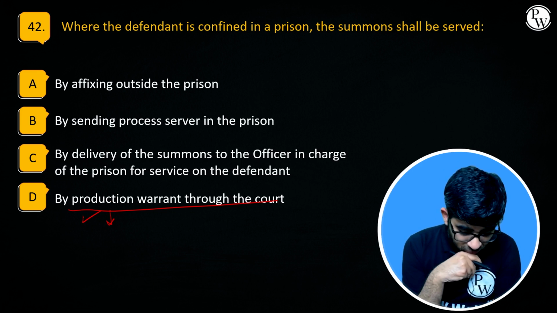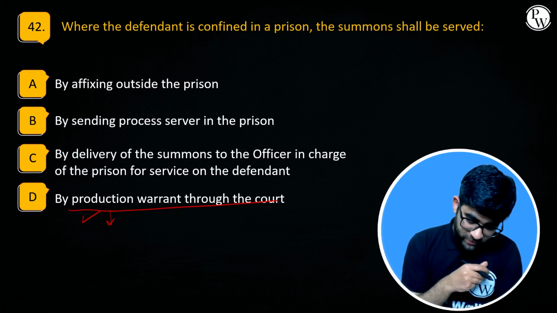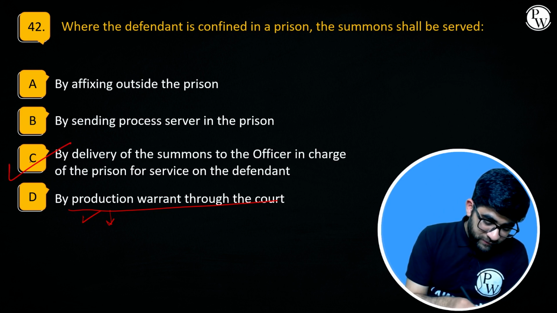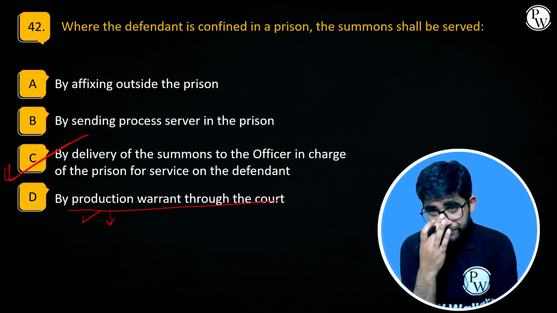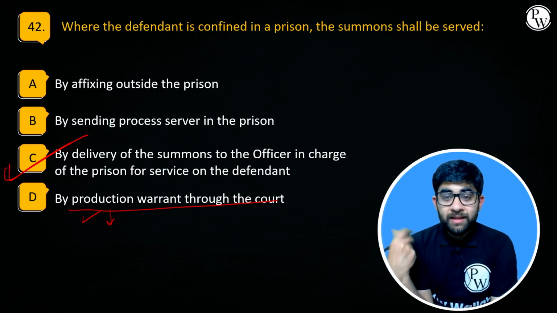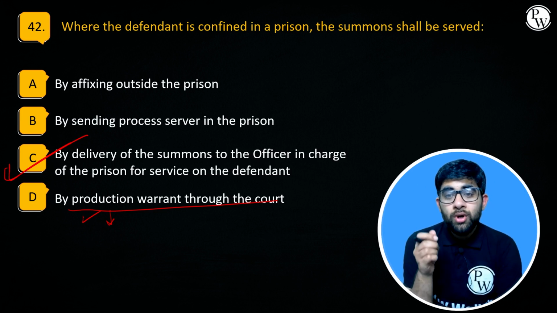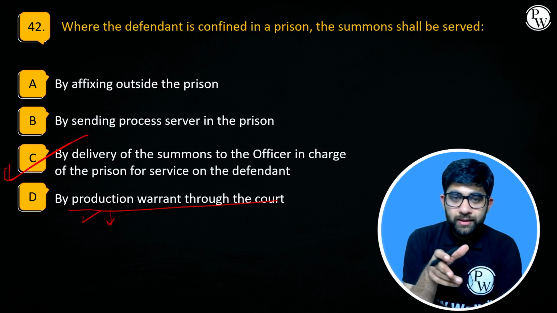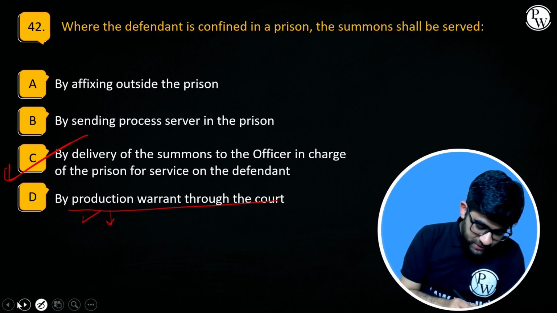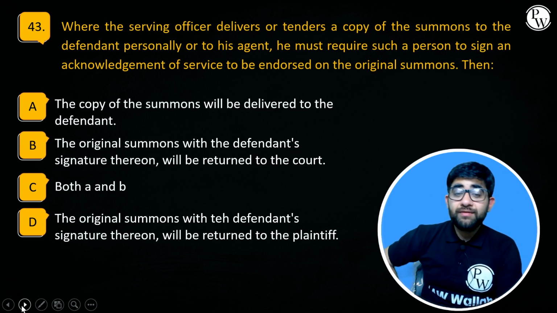So by delivery of the summons to the officer in charge of the prison. Even if it goes through the court, it will go to the officer in charge of the civil prison; he will not be allowed to enter the jail. So it goes to the civil prison, and the answer is C.